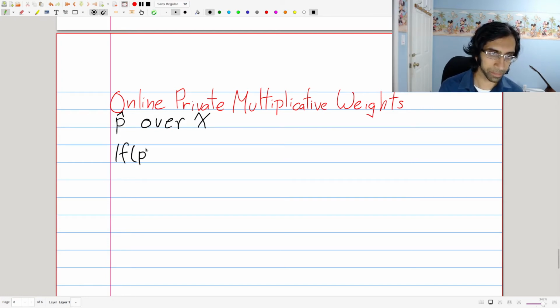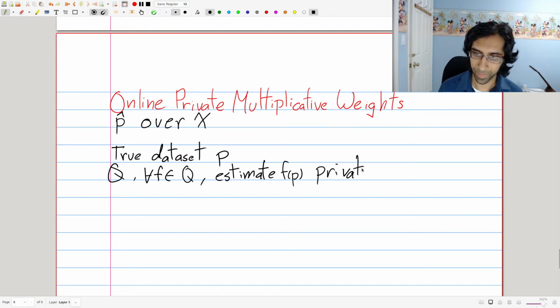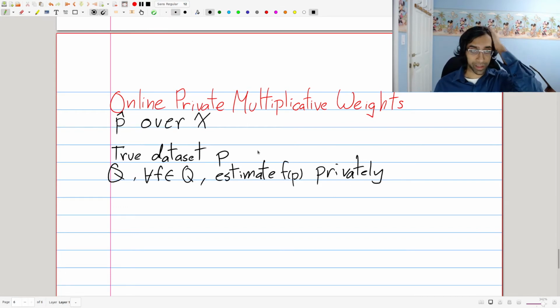We wanted that F on P hat minus F on, let me say it as follows, there's a true data set P, and a set of queries Q. For all F in Q, we wanted a private estimate of F on P. And in fact, private multiplicative weights allowed us to do something even stronger than that.